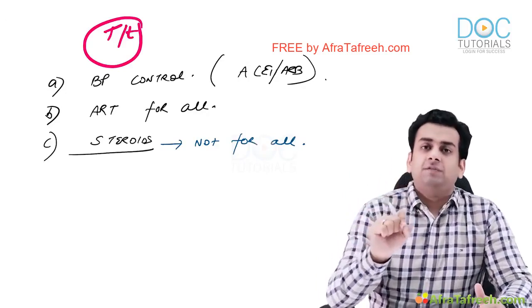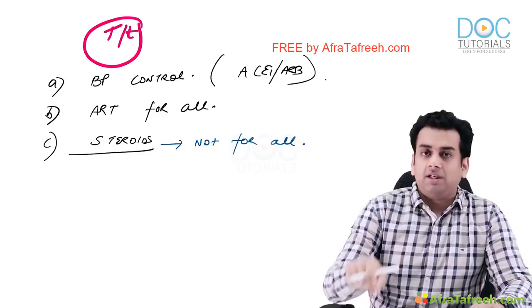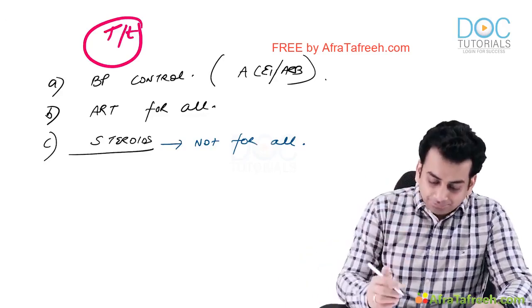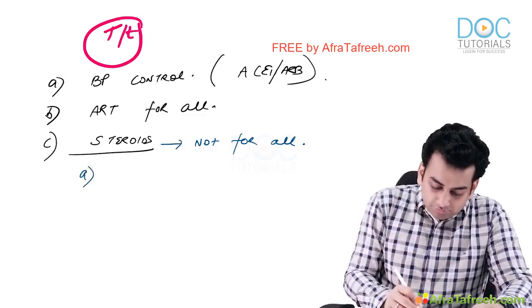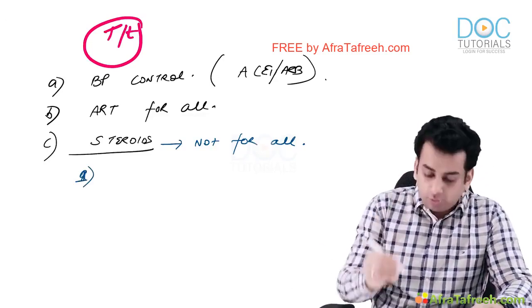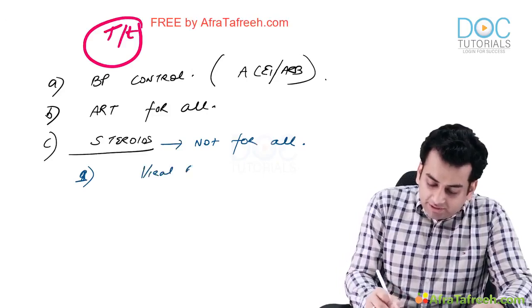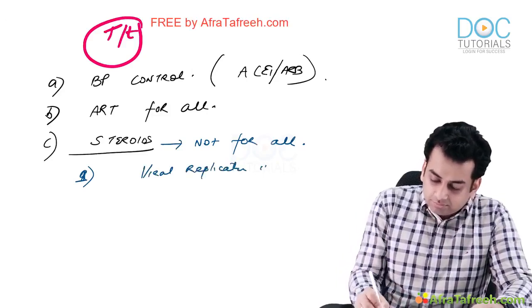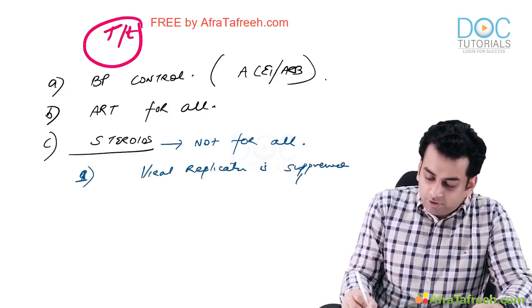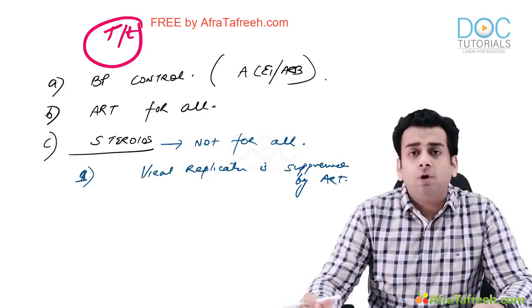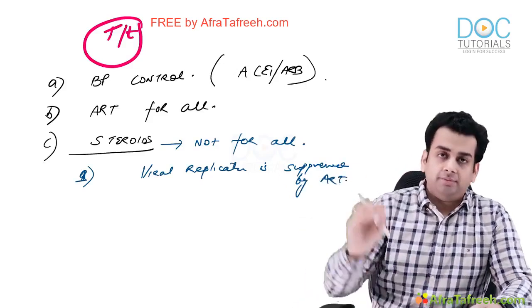What is the indication of steroid in HIV associated nephropathy? The answer is, first and foremost, you have to show that viral replication is suppressed, of course, by antiretroviral therapy. So there are fewer HIV RNA copies and the CD4 count is high.